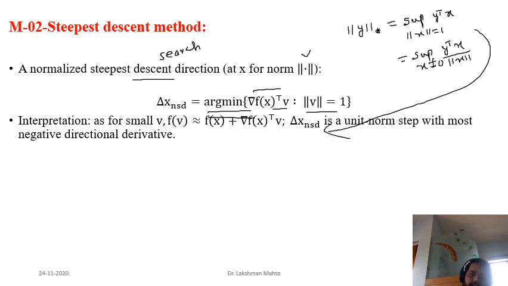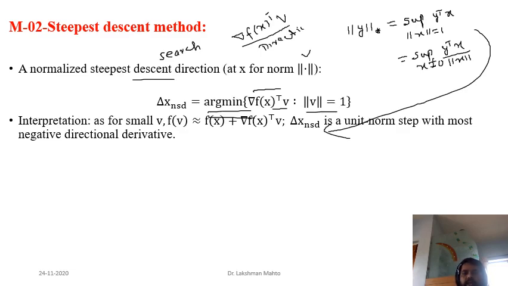In interpretation, one more idea from calculus I might have discussed during the calculus course: if you take the dot product of the gradient with any unit direction, then the resultant dot product we call a directional derivative. So it is the definition of the directional derivative. This is the concept of the directional derivative.